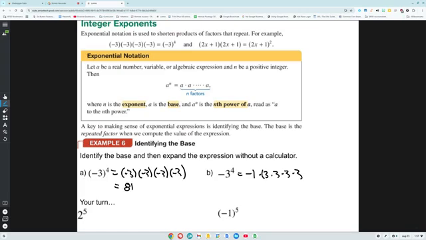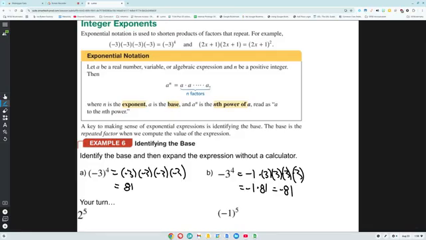I can see my base here, and if I don't have the right base, things are going to get messed up. Now I am going to have a negative number coming out because I just have a negative times a bunch of positives. And 3 times 3 times 3 times 3 was 81. So this is really just -1 times 81, which is the same thing as -81. So if I'm not paying attention with the bases, I could make a mistake.